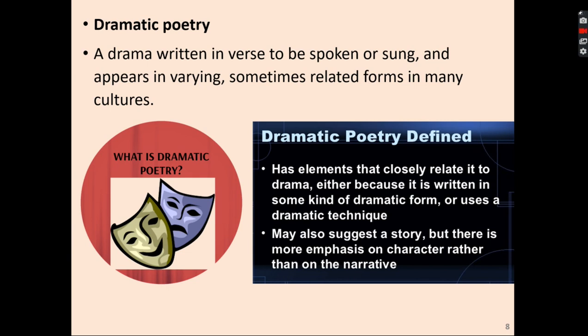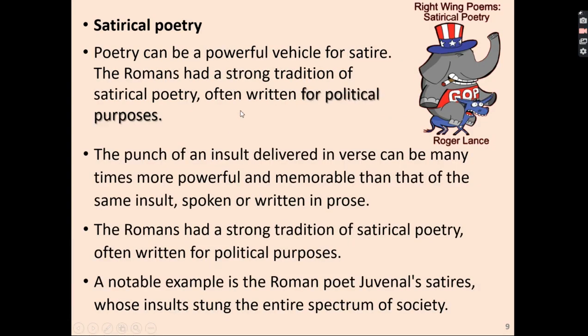Just remember that dramatic poetry uses some kind of dramatic form, and if you are familiar with a dramatic technique, then you can definitely look for it in dramatic poetry. It may also suggest a story, but there is more emphasis on character rather than on the narrative. So dramatic poetry gives more spotlight to the character compared to the narrative.